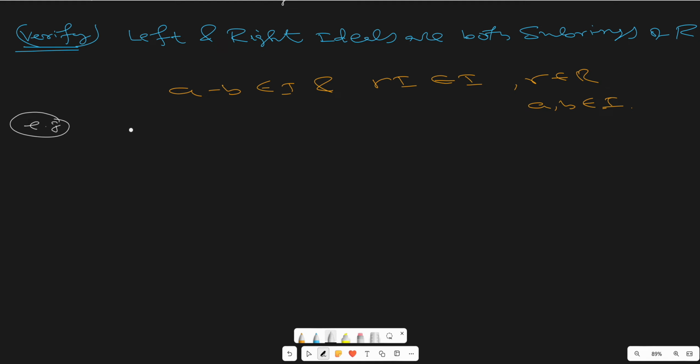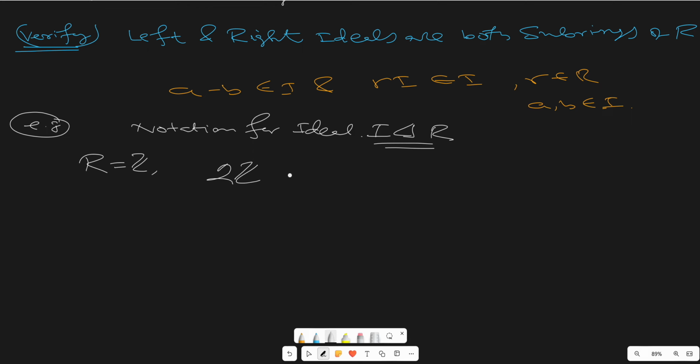Okay, the notation for ideal: you have written it as a normal subgroup, and a similar notation is here. I is an ideal of R. This is the notation. Example: suppose that your ring is Z. Now what are the ideals? Is 2Z an ideal in Z?